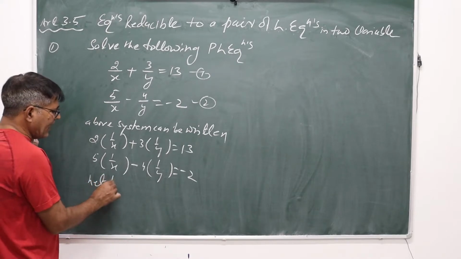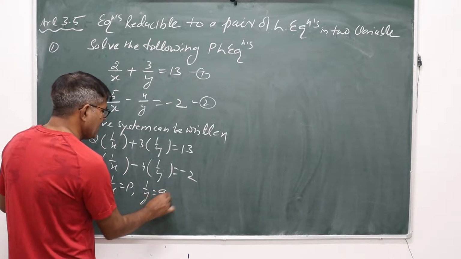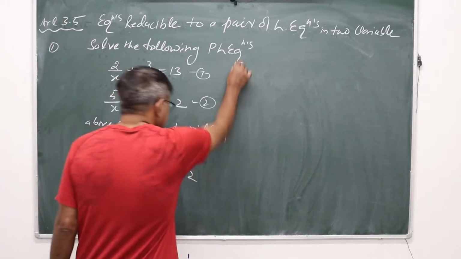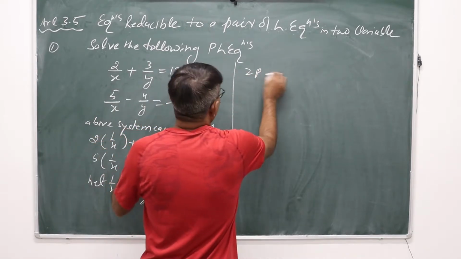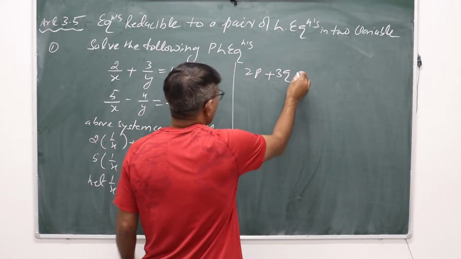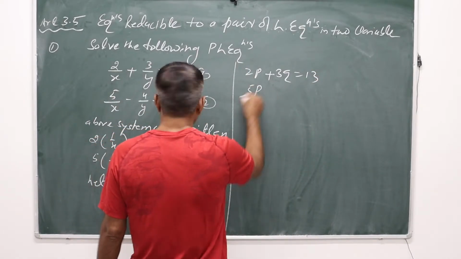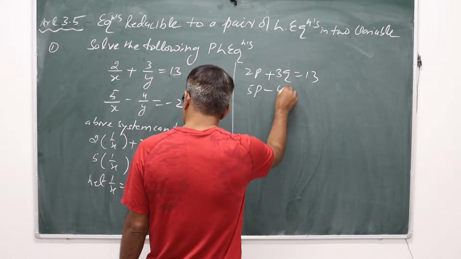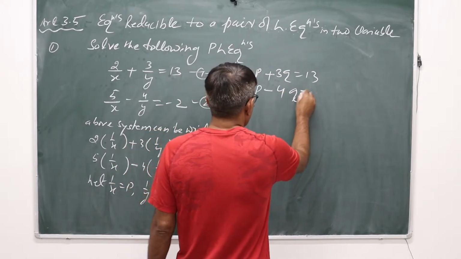Now let 1 upon x is equal to p and 1 upon y is equal to q. Then this system will be 2p plus 3q equals 30, and 5p minus 4q is equal to minus 2.